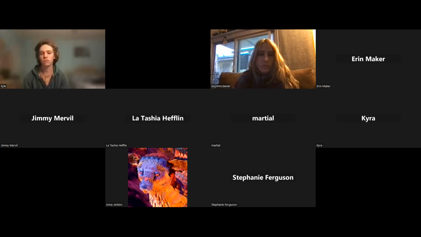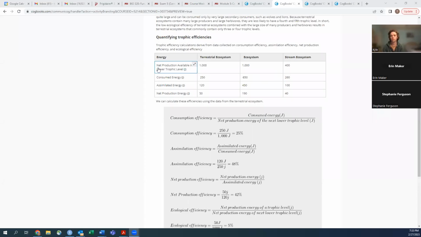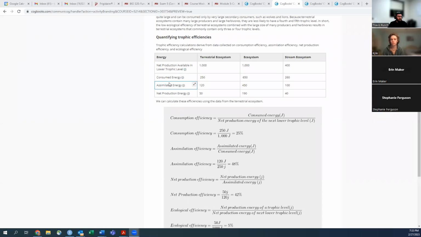I'll share my screen real quick. You're going to get a type of table, something like this, that tells you what level of the consumption calculation you're on, and then you're going to get data in here, and it might ask you for one specific value, so you have to pick out the right data and then calculate.